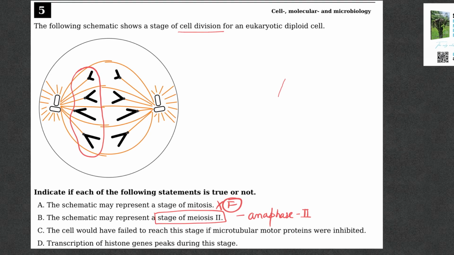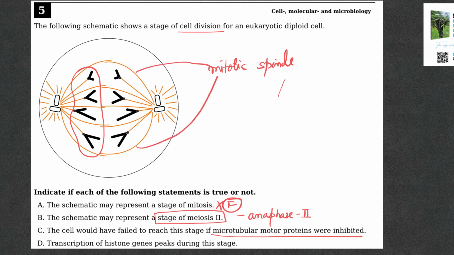The cell would have failed to reach this stage if microtubular motor proteins were inhibited. You know that the chromatids have been pulled apart because of the mitotic spindle, which is these proteins, and then there are proteins here as well, and this is where the crawling occurs.